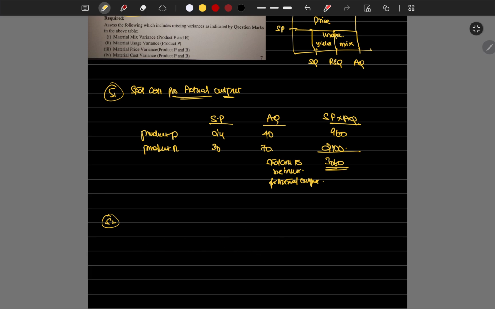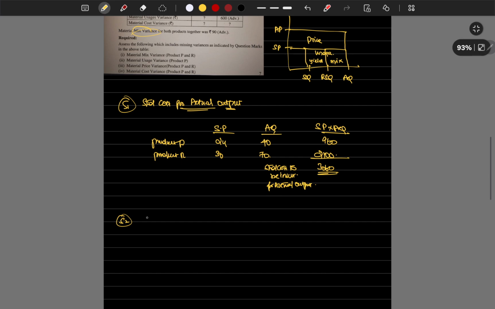We'll take up from the chart itself, SP SQ, which is SP into SQ. Always we put SP into SQ, SP into RSQ, SP into AQ, SP AP into AQ.